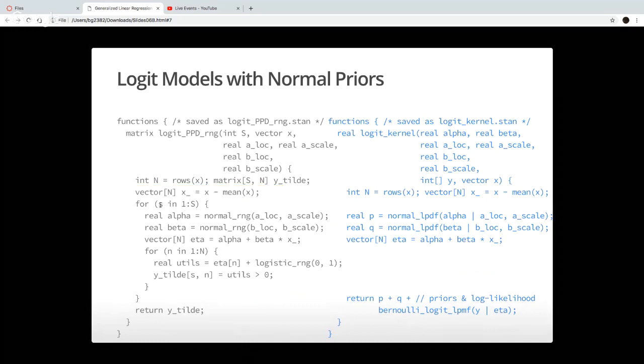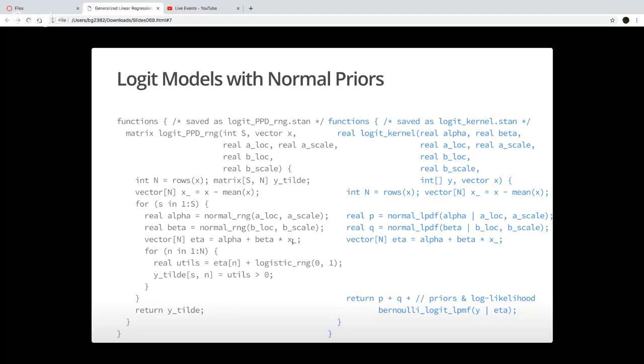So for each of the simulations that I want to do, I take a draw of the intercept from a normal distribution with some prior mean and some prior standard deviation. I take an independent draw from a normal distribution, maybe with a different mean and standard deviation, to get a realization of the slope. Take alpha and beta, the intercept and the slope, multiply the slope by the centered predictor.